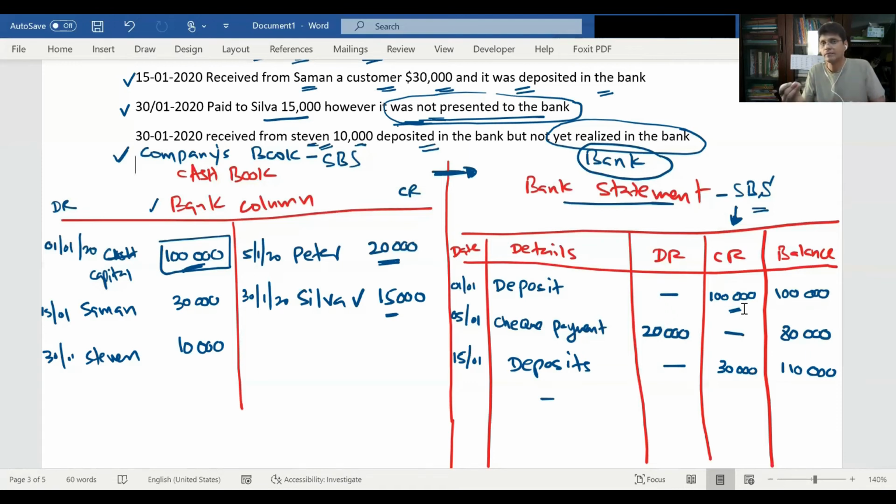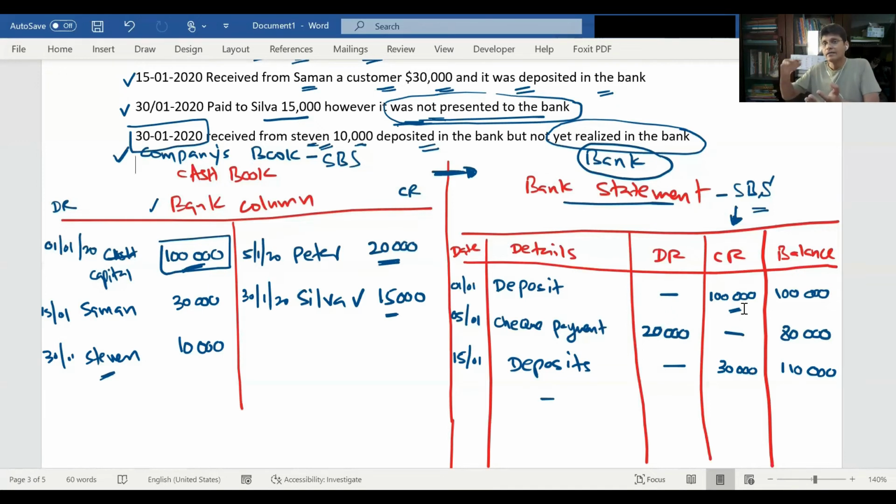Please understand this concept. The SBS accountant goes to the bank and deposits the check. 31st is the closing date, the end of the month, right? When you deposit to your bank account, this customer would have issued the check from his bank, right? So therefore, our bank should get a clearance from Stephen's bank.